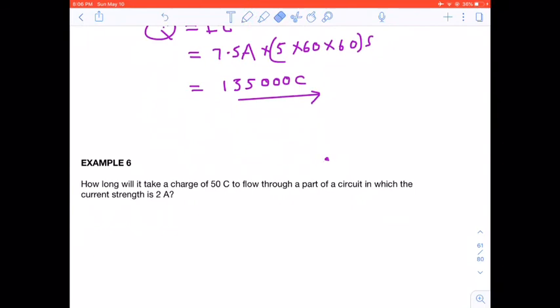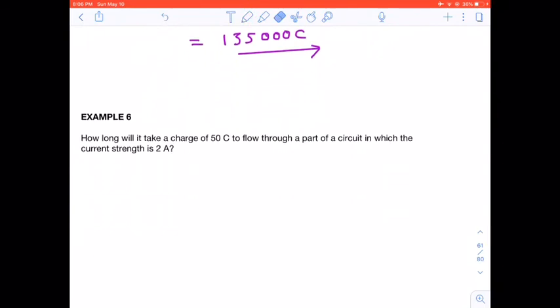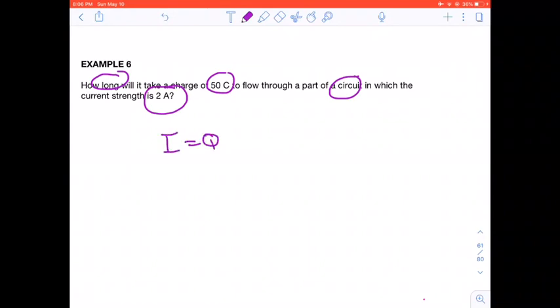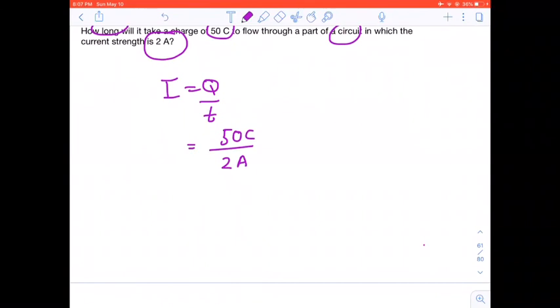Right, now we want to know how long it takes a charge of 50 coulombs to flow through a circuit which has a strength of 2 amps. So I is equal to Q upon T, which means T is 50 coulombs all upon 2 amps.